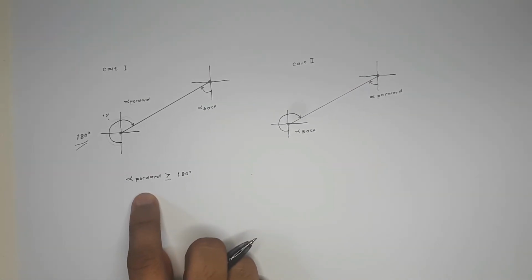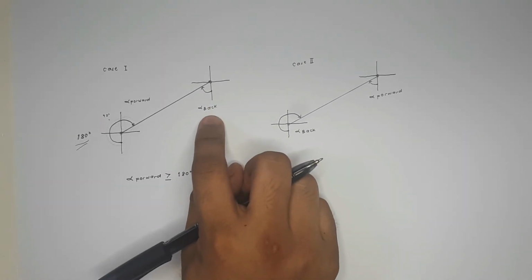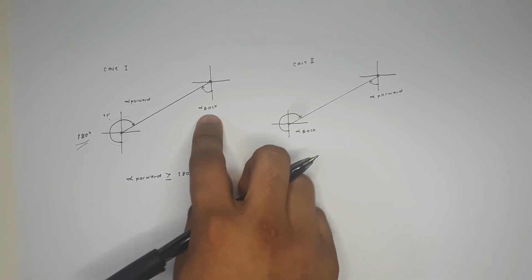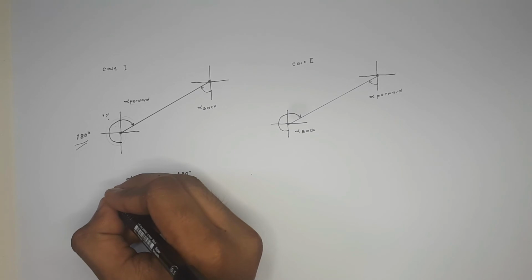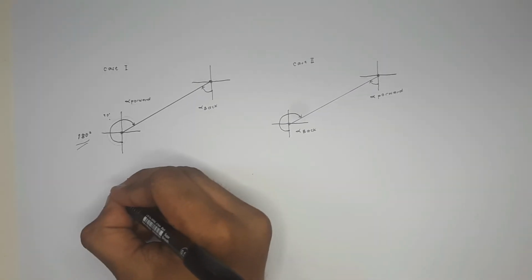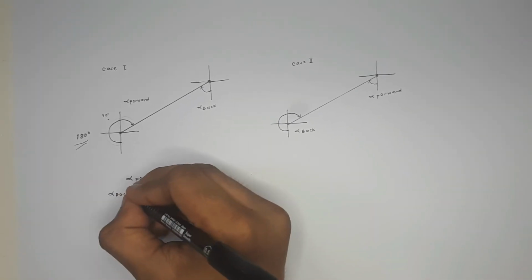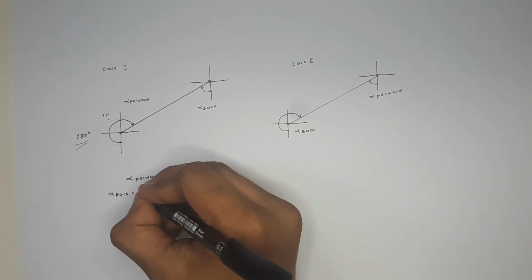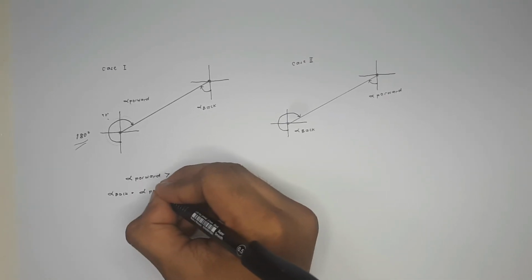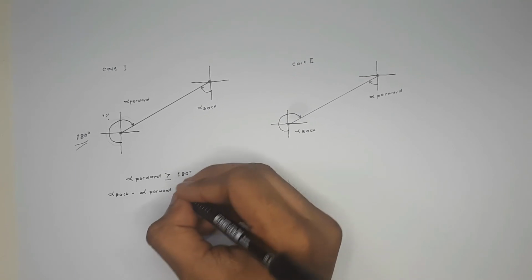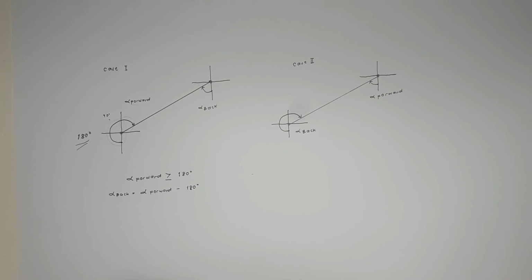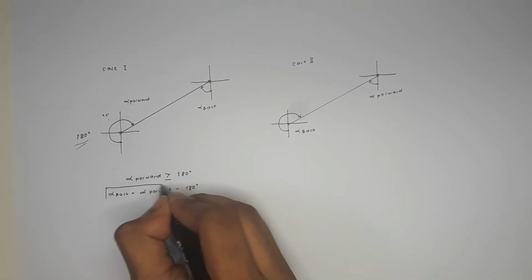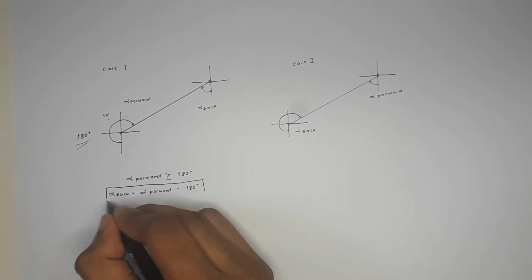So to obtain the back azimuth, we have to subtract 180 from the forward azimuth. So our formula will look like this: back azimuth is equal to forward azimuth minus 180 degrees. So this will be our formula for our rule number 1.